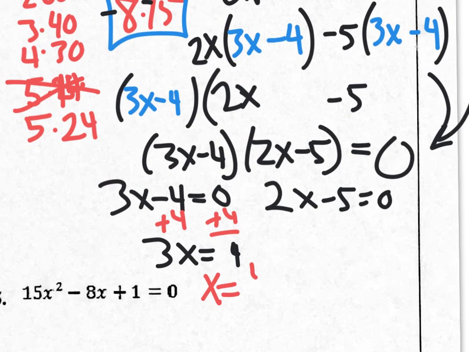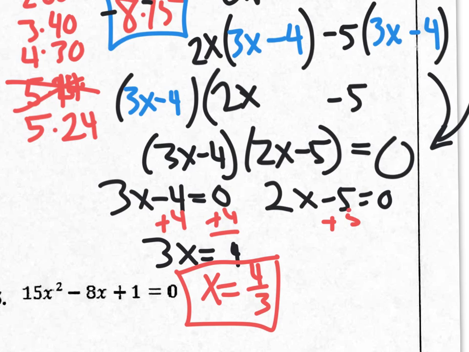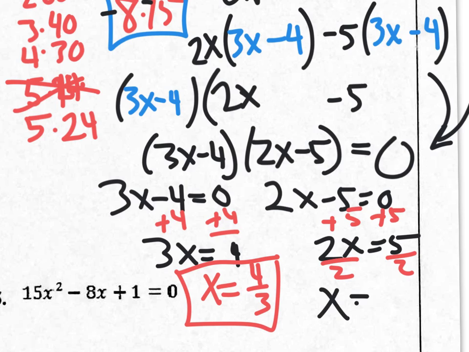X equals 4 divided by 3, 4/3. That is my answer. The other one, I'm going to add 5. So I'll have 2x equals 5. And I'm going to divide by 2, which means x equals 5 halves.